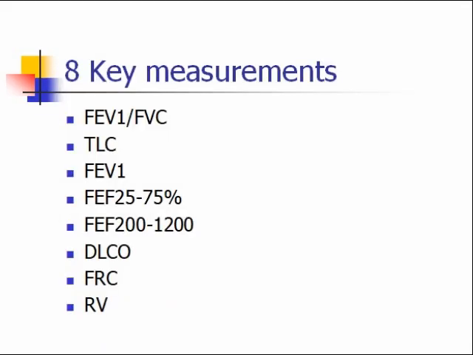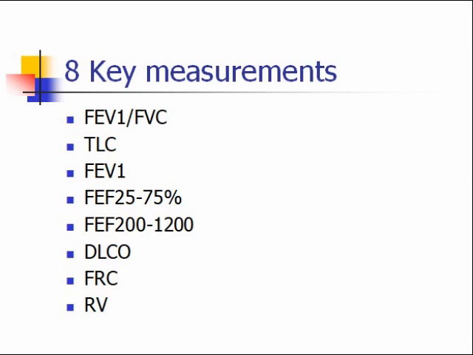Pulmonary functions. There are 8 key measurements that you should focus on. FEV1 to FVC, total lung capacity, FEV1, FEF 25-75, FEF 200 to 1200, DLCO, FRC, and residual volume, RV.